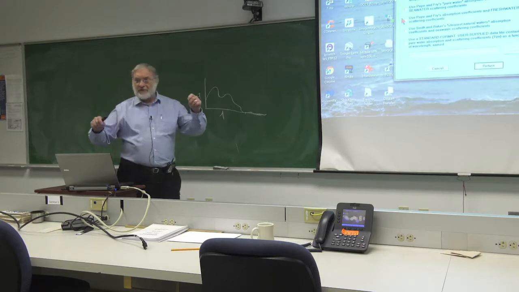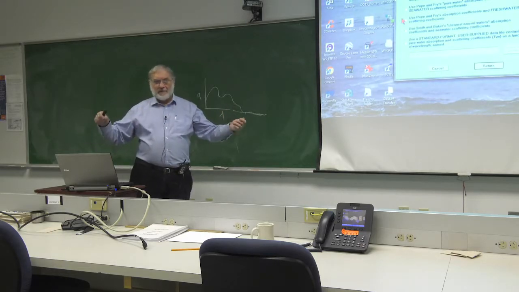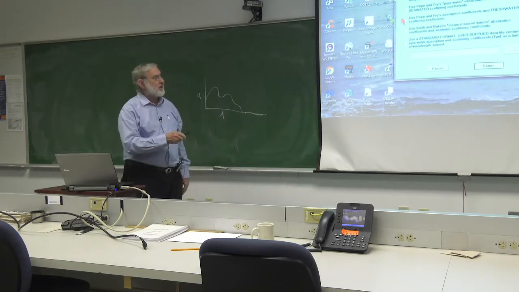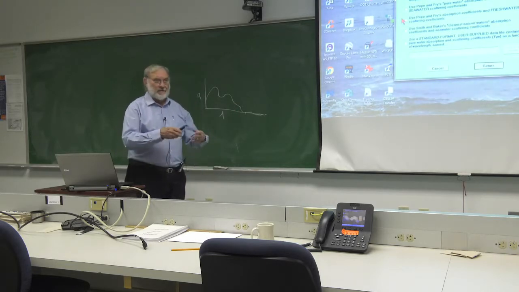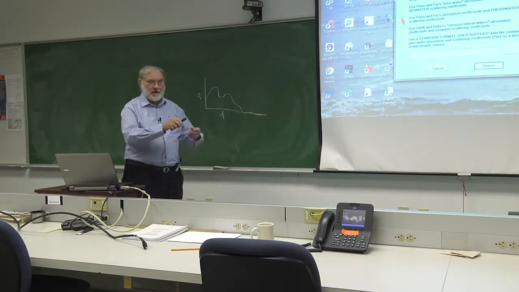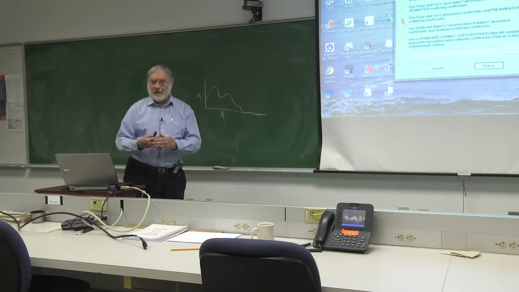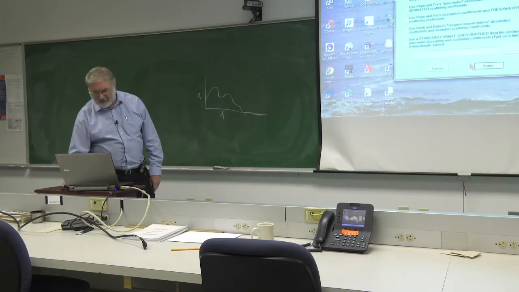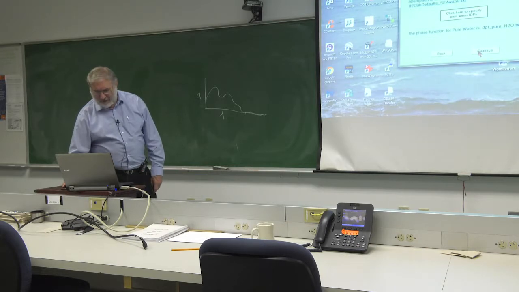Or if you've measured your own pure water absorption and scattering coefficients as a function of wavelength and you think they're better than these, fine. You put them in a data file, you can click here, browse and read your data. Okay, so let's just take the defaults. And then, of course, Hydrolight already knows what the phase function for pure water is.